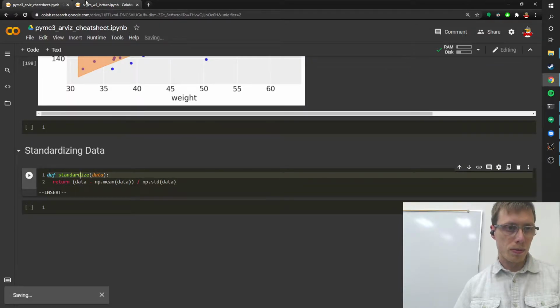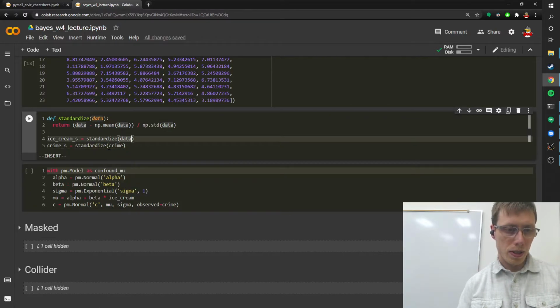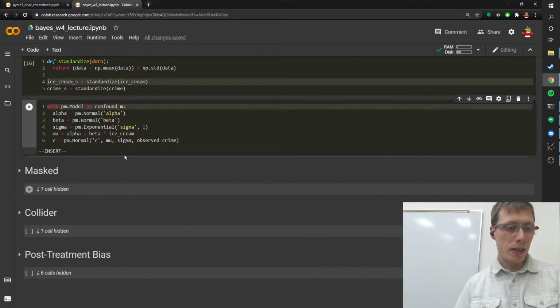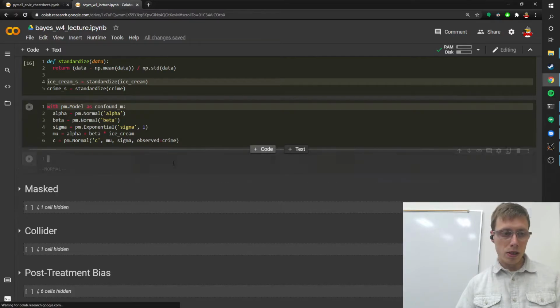Fix that there. Okay. Standardize of crime, and this is ice cream. And just to show you that it won't really affect the general results that we take out of our analysis, let me show you that.